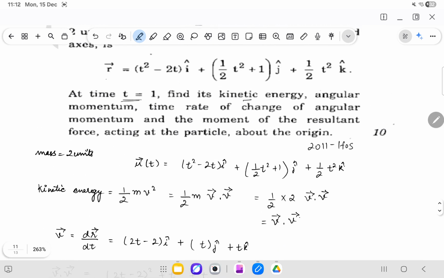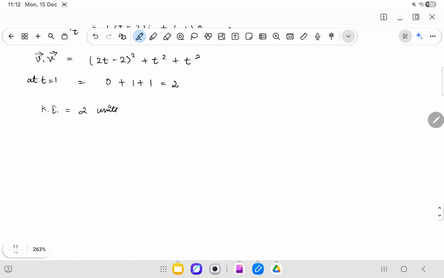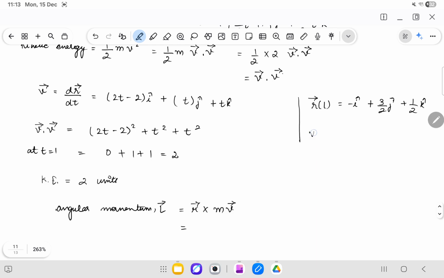Next thing that we are supposed to evaluate is angular momentum. The formula for angular momentum is given by L, and it is r cross mv vector. r at t equals 1 will be −i cap plus 3/2 j cap plus 1/2 k cap, and the velocity vector at t equals 1 will be 0 i cap plus j cap plus k cap.